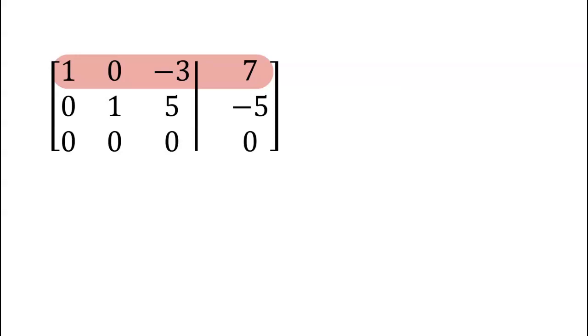The very first column gives us the coefficients for x. So when they have this number 1 in the first position, in the first column, then what we have is 1x. The middle column gives us the coefficients for y's. As you can see, we don't have any y's on the first row, so 0y, I don't have to write that.